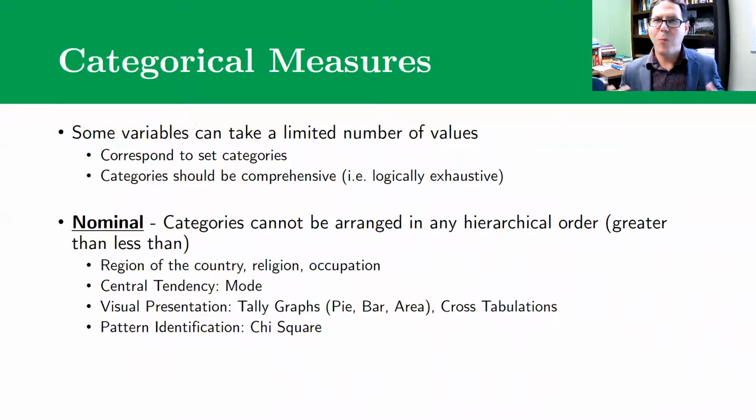Another way of organizing information is as a categorical measure. There are a lot of situations, particularly in the social sciences, in which we're interested in things that can take on a very limited number of values. And each of those values represents a category.